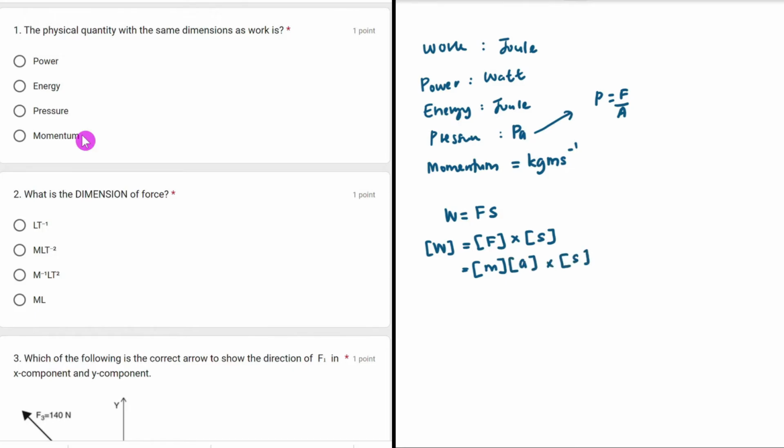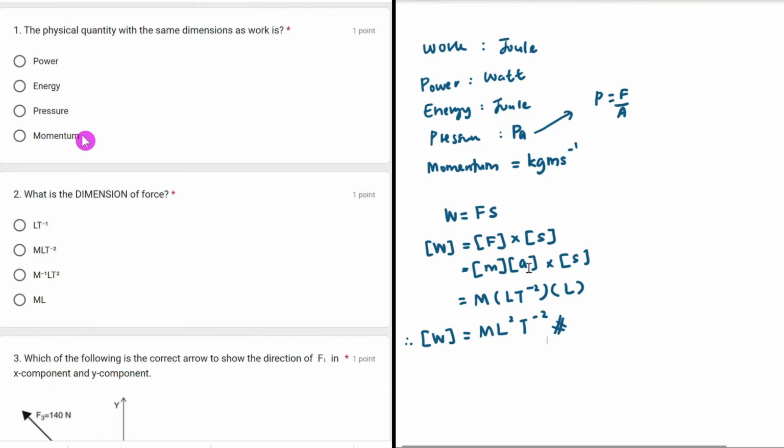times dimension of S. Okay, so M dimension for mass is capital M, dimension for acceleration is LT negative 2. Okay, and then dimension for displacement is L. Therefore, kalau soalan minta kita kira ataupun cari dimension of work is equal to ML squared T negative 2.